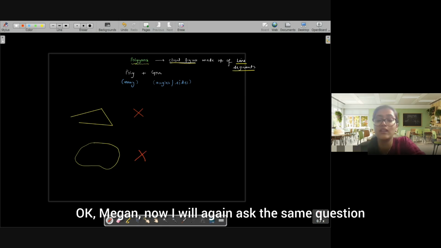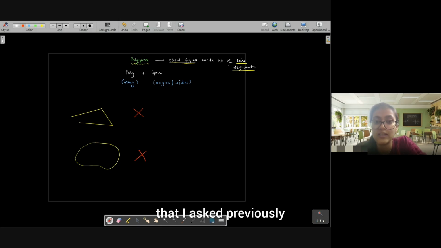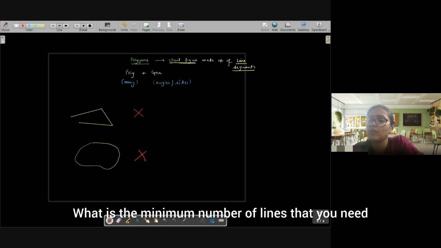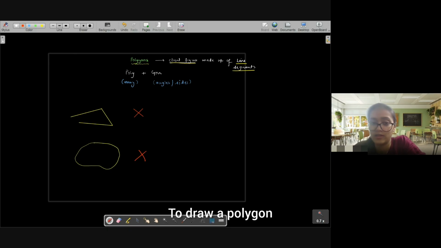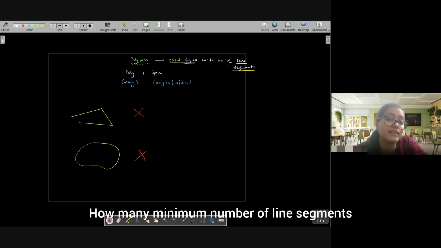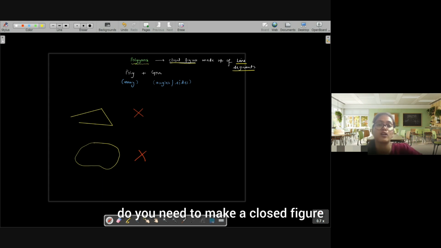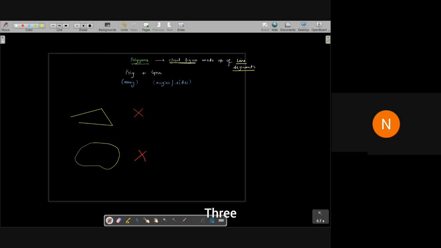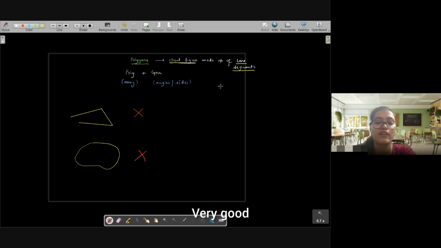Megan, now I will ask the same question that I asked previously. What is the minimum number of lines that you need to draw a polygon? You said 8 previously. How many minimum line segments do you need to make a closed figure? 3. Very good.